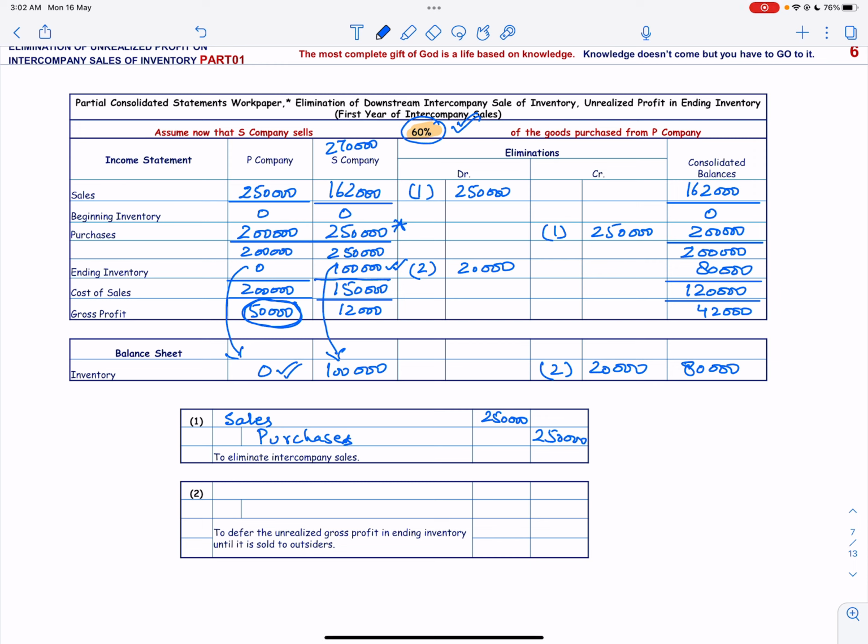Then there is elimination of unrealized profit in the ending inventory, and for that, ending inventory income statement is debit and ending inventory balance sheet is credit by 20,000.